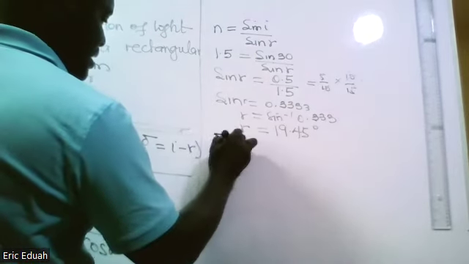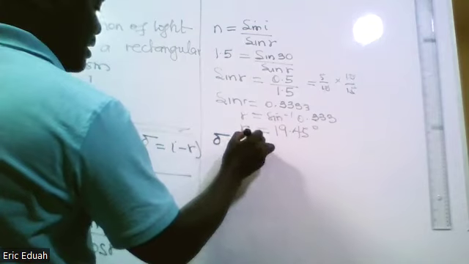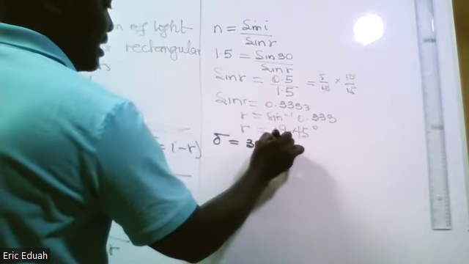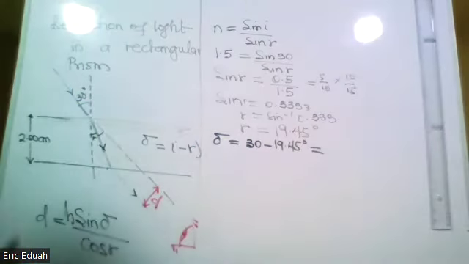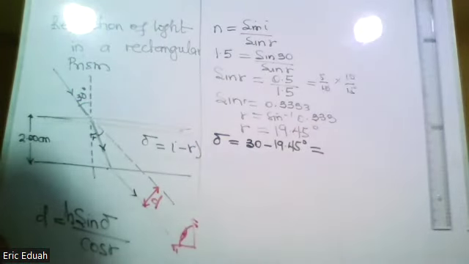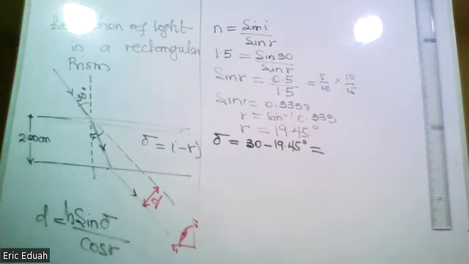Now that we have R, we can easily find the angle of deviation. Therefore sigma is 30 minus 19.45, which is equal to 10.55.